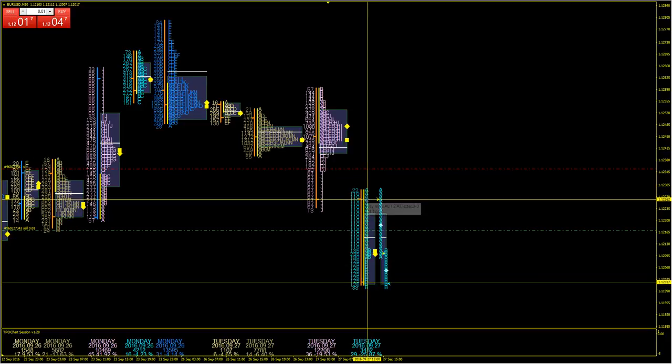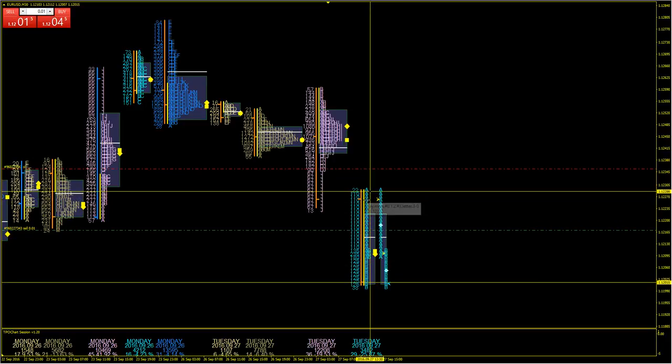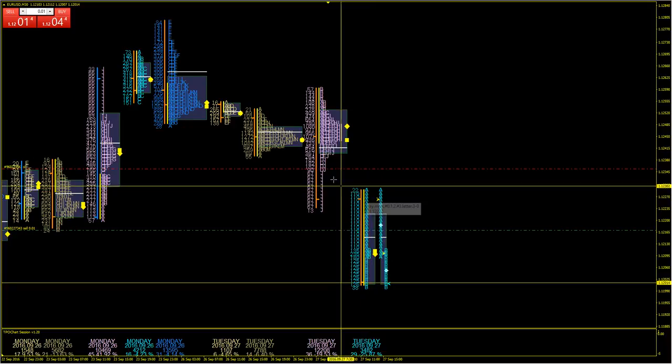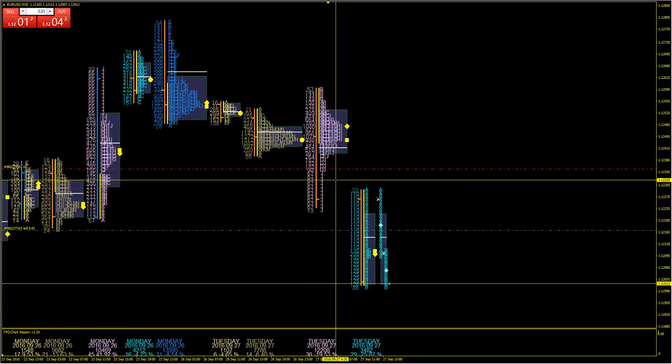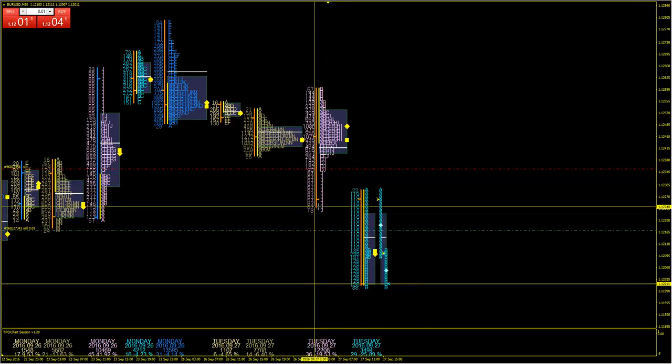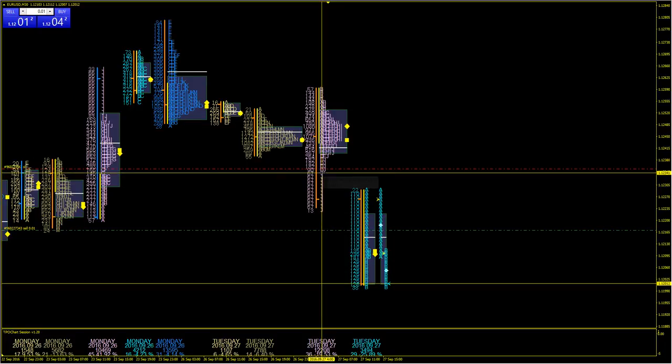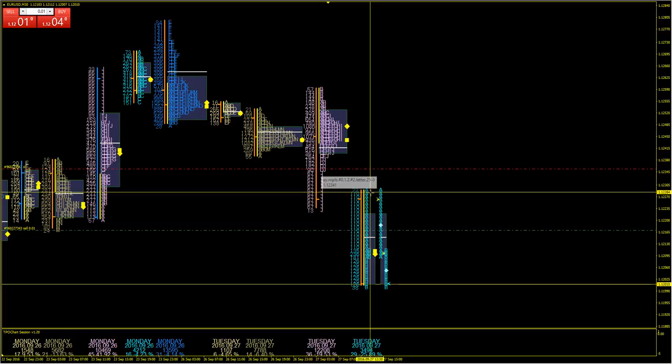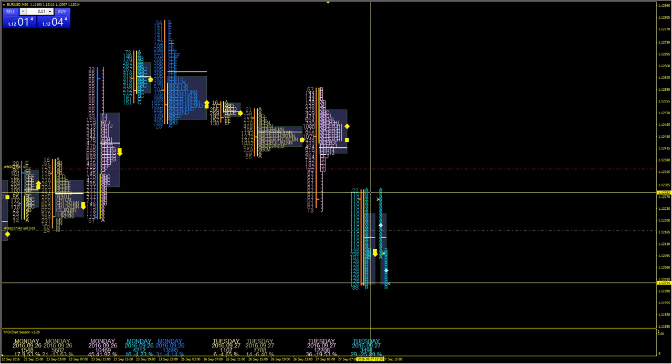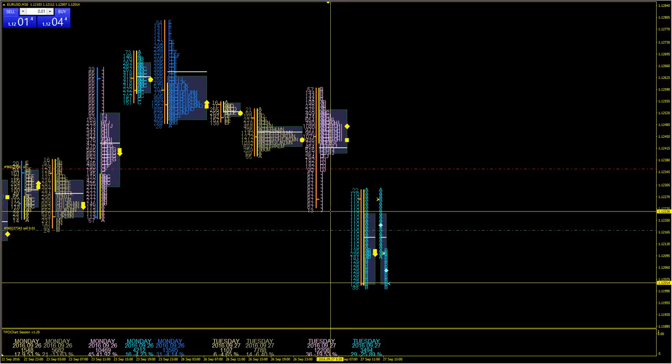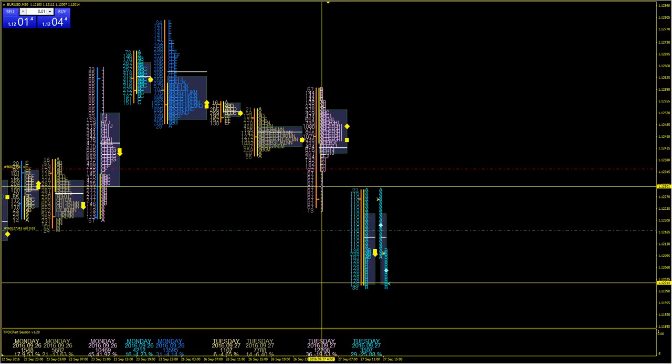A session started here, and price went here. We have a lot of single prints at the end of the Europe session, I mean, at the start of the US session. So 30 minutes before the US session started, we got the single prints on the Europe session, right?